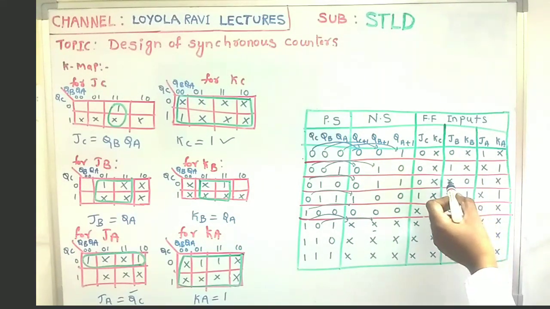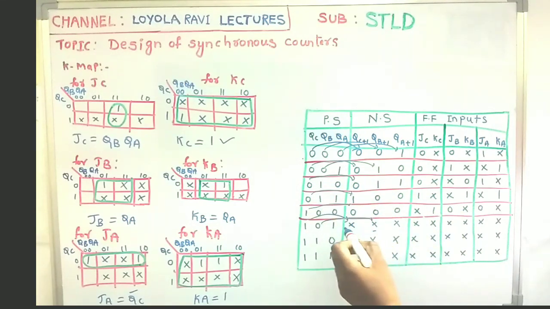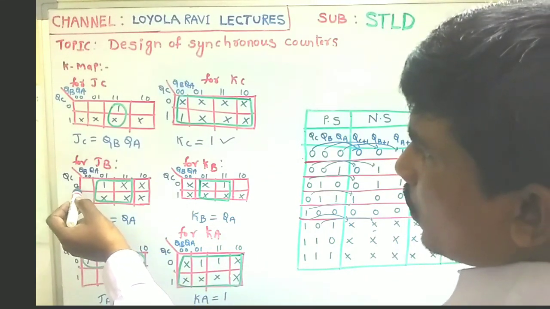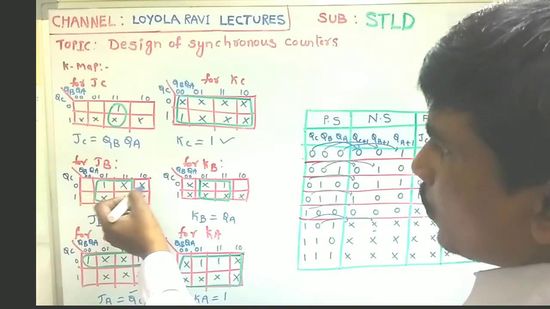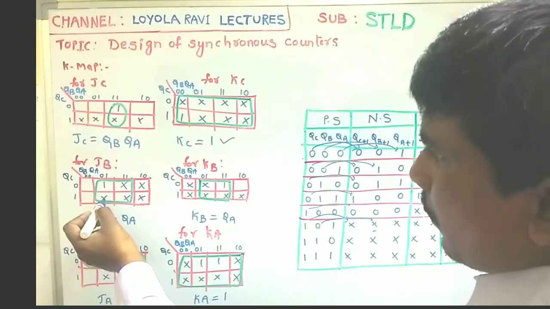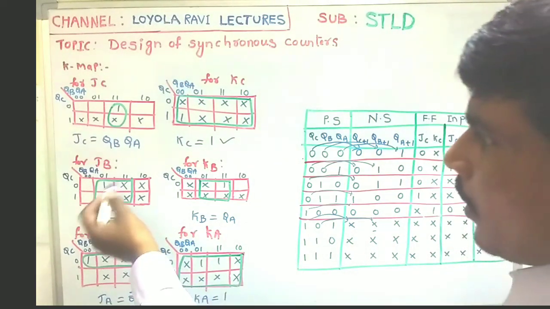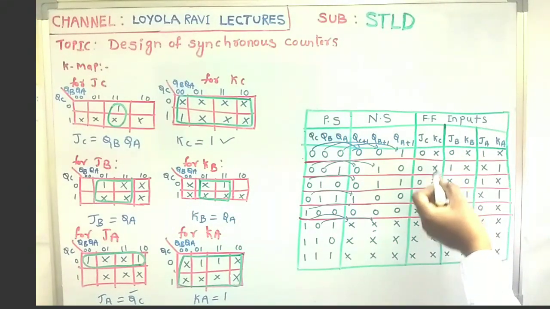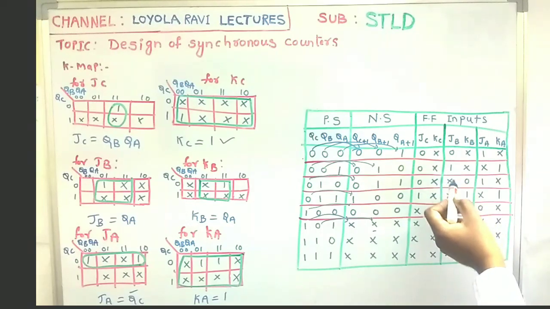No. For 2, 3, 5, 6, 7, all are don't cares. 2 is 0, 1, 0, and 3 is 0, 1, 1. And 5, 6, 7 all have don't cares. That's why, with 1 and the don't cares, we have total 6 outputs.